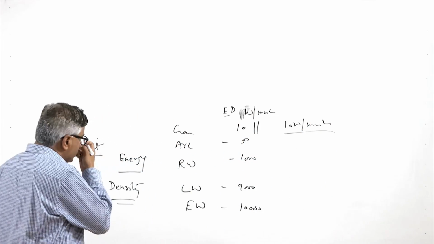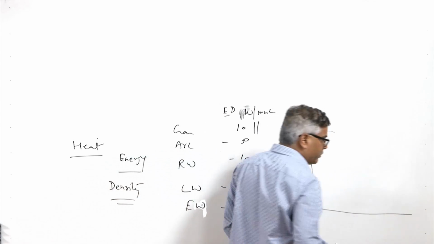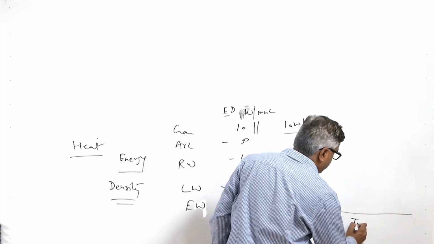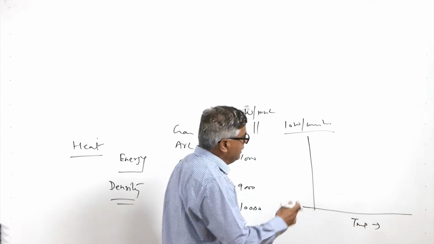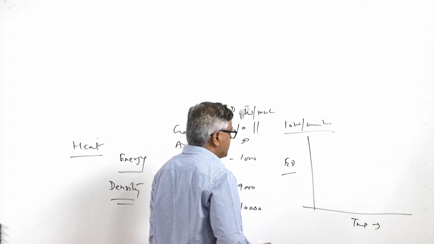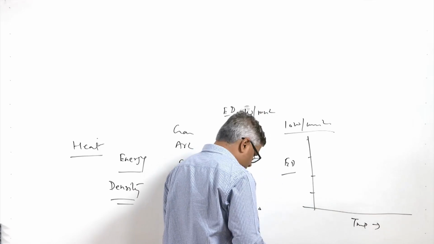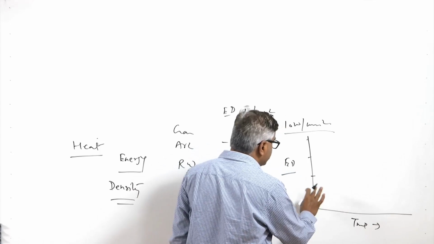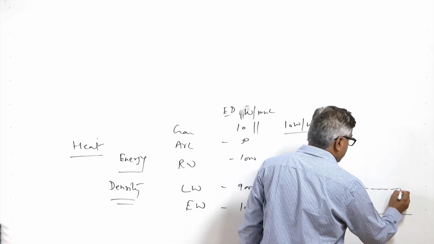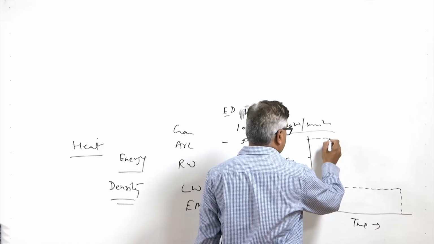So, what is the role of the energy density in facilitating the fusion and the amount of heat which is required to melt? For that, we need to see, if we have time on the x axis and energy density on the y axis, then when the energy density is low, it is required to supply the energy or the heat for a longer time as compared to the case when the energy density is high.